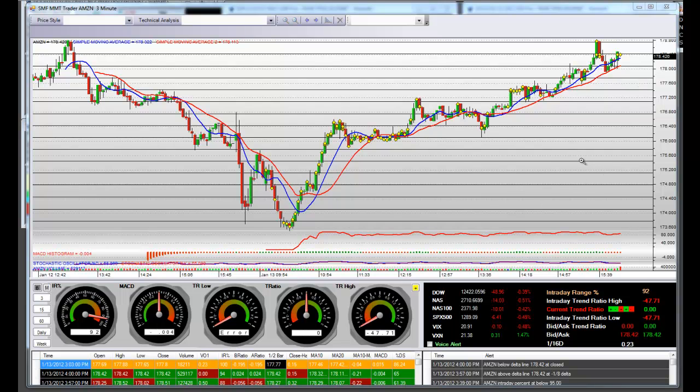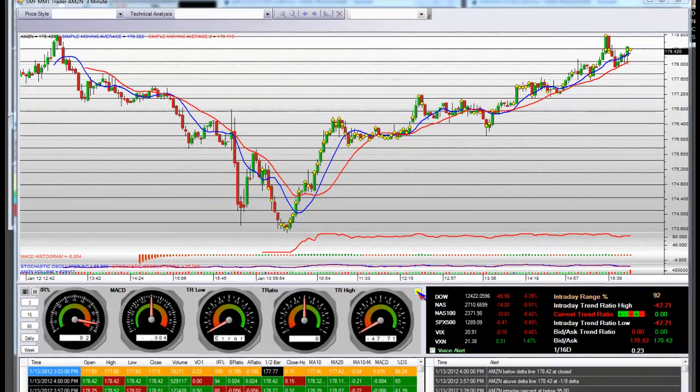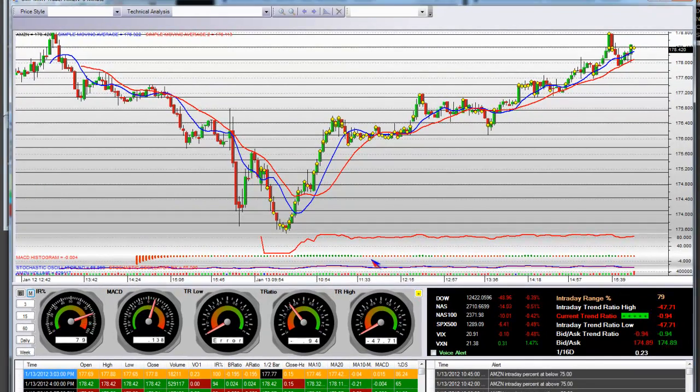Well, I think the first thing we learn is these teeny lines, which are proprietary to the MMT platform. You see prices attach themselves to teeny lines, and I think the Amazon chart is a perfect example.